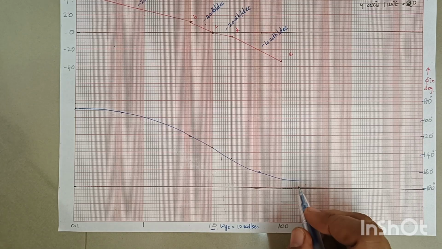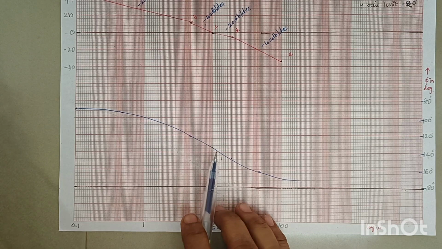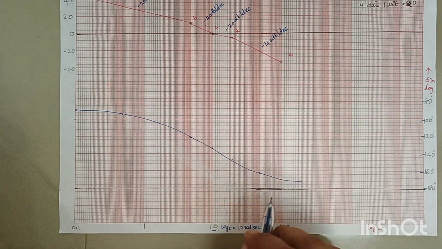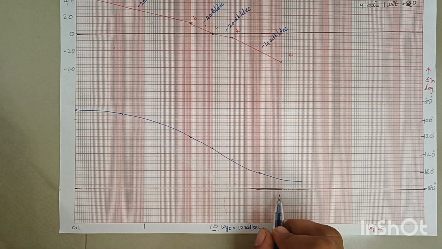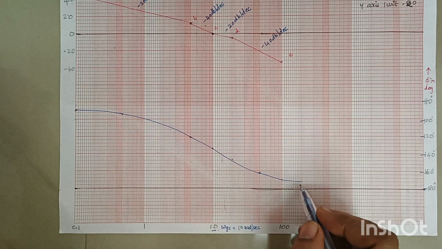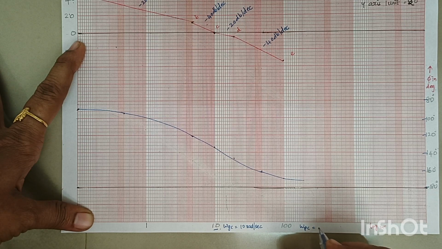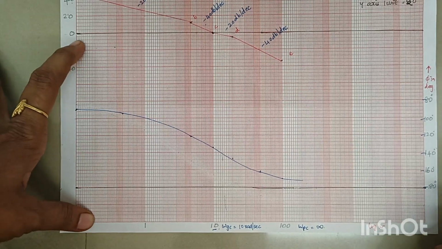So how to calculate the value of your phase crossover frequency? This is considered as infinity because our given plot didn't cross the minus 180 degree line, but we are assuming it will cut this minus 180 degree line at infinity, right? So we are assuming the value of phase crossover frequency as infinity, right?